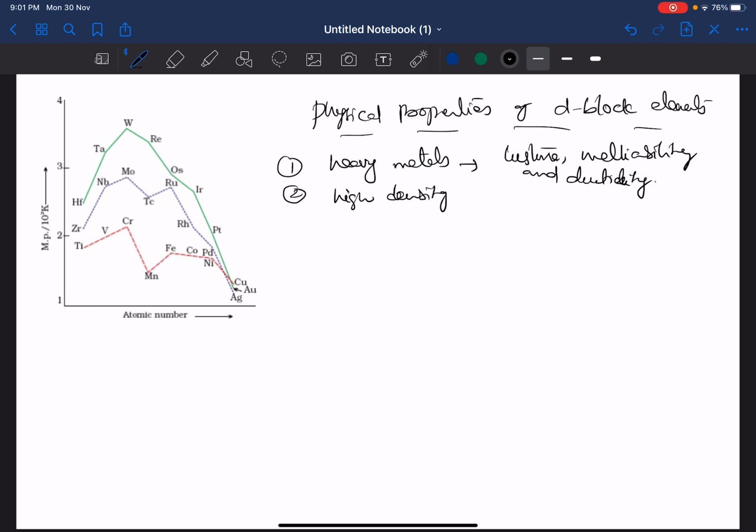We will discuss what are the main reasons for these properties that the heavy metals like D block elements will show. First of all, the transition elements display similar metallic properties. That means they are all having the same metallic properties.